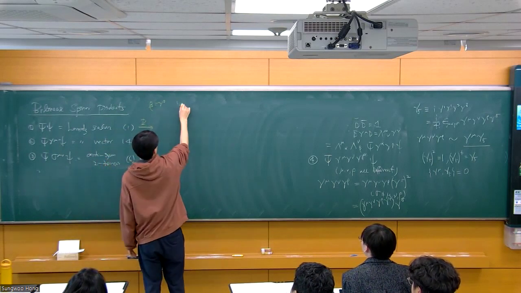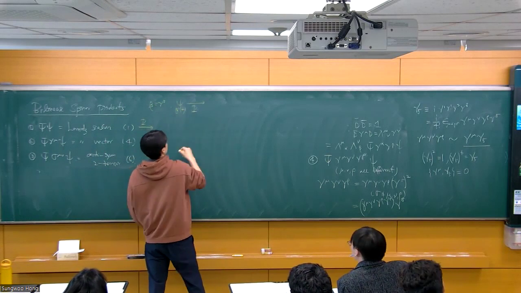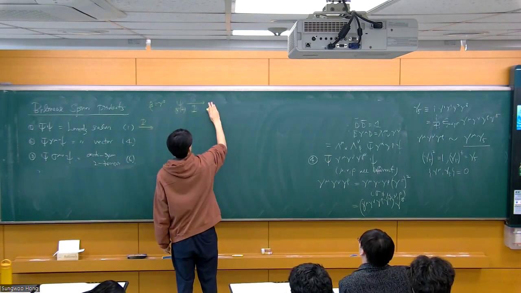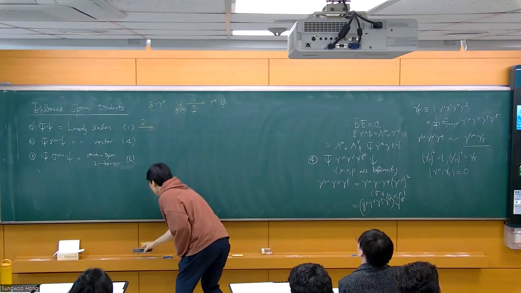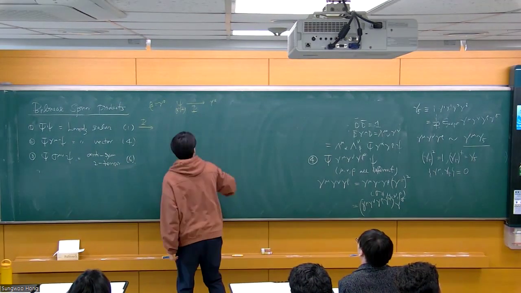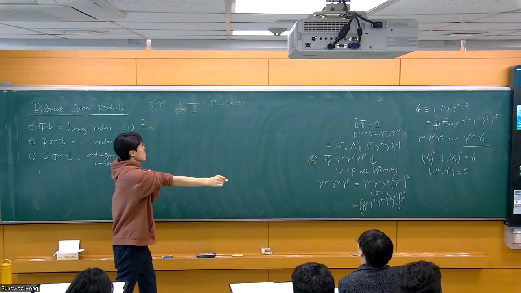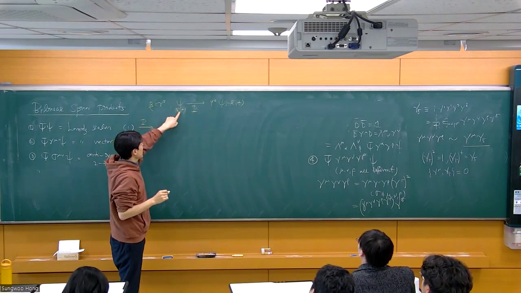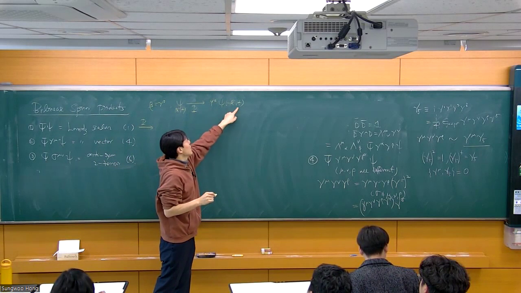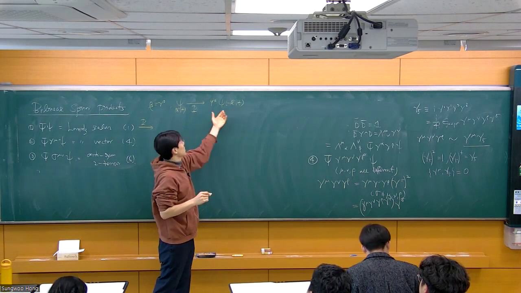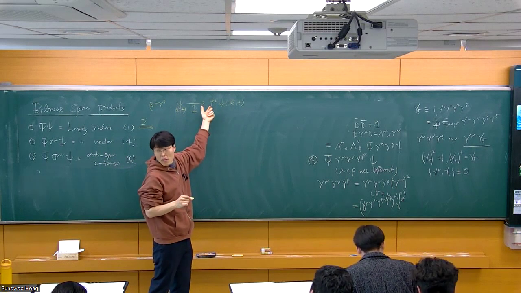That means that psi under the parity, by which I mean either x and t, goes to gamma 0 psi of minus x. Remember, parity maps a field in x and t into a linear combination of fields at the parity-inverted point with some coefficient. Here the coefficient is gamma 0.